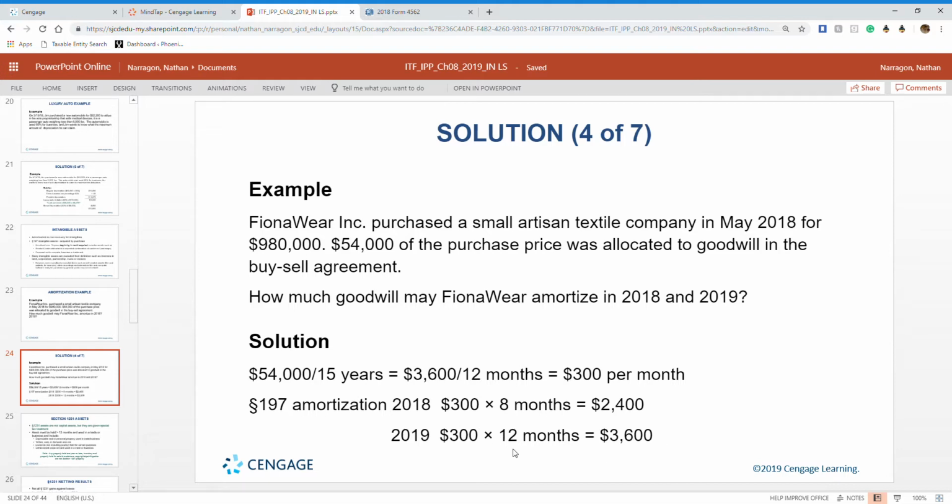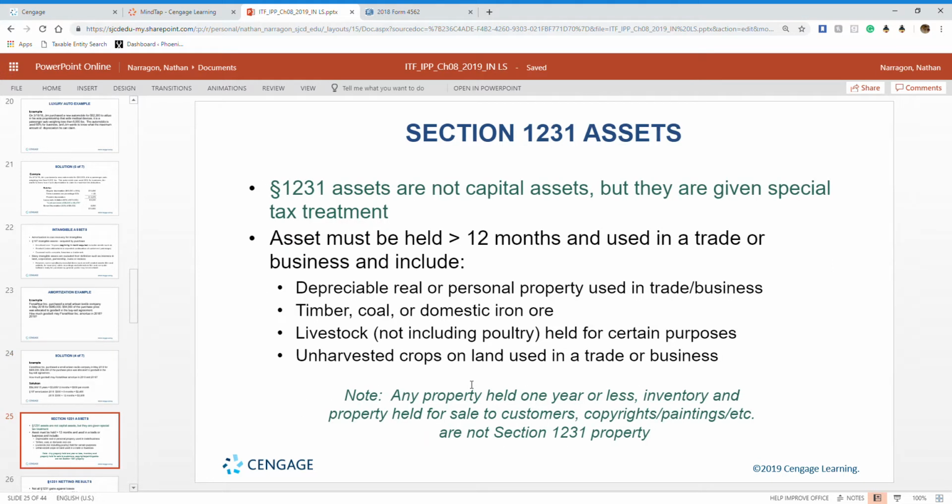After that, it'll be 12 months, or $3,600 for a full year. That's it about amortization. Again, a lot of basics going on here, a lot of overview, just so you can get more knowledge.